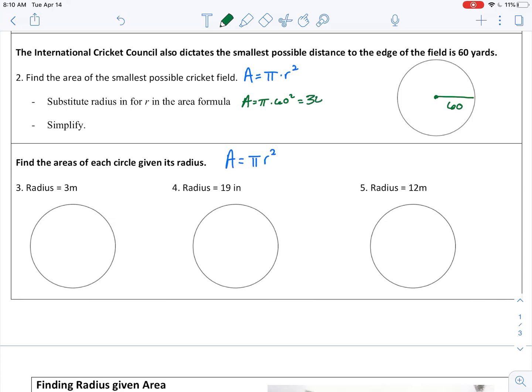So what would happen there is, if I substitute 60 in for r, my radius, so area equals pi times 60 squared equals 3,600 times pi.